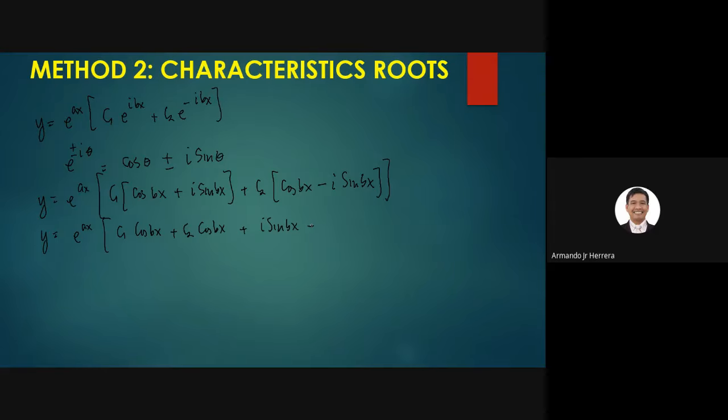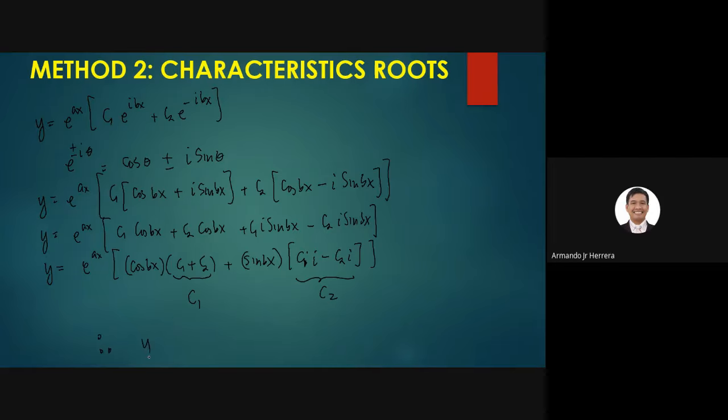So y is equal to e to the ax quantity, c1 cosine bx plus c2 cosine bx plus i sine bx, that's c1 i sine bx, sorry, minus c2 i sine bx. Combining like terms, y equals e to the ax quantity cosine bx quantity c1 plus c2 plus sine bx, that is c1 i minus c2 i. But c1 i minus c2 i is a constant, and c1 plus c2 is a constant, so we rename them c1 and c2 respectively.